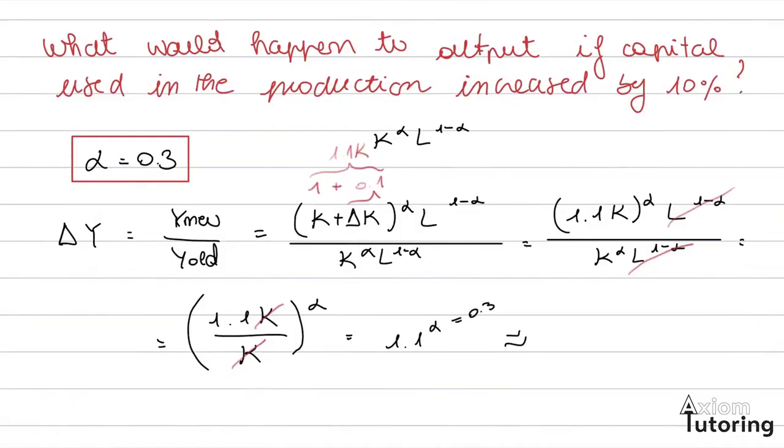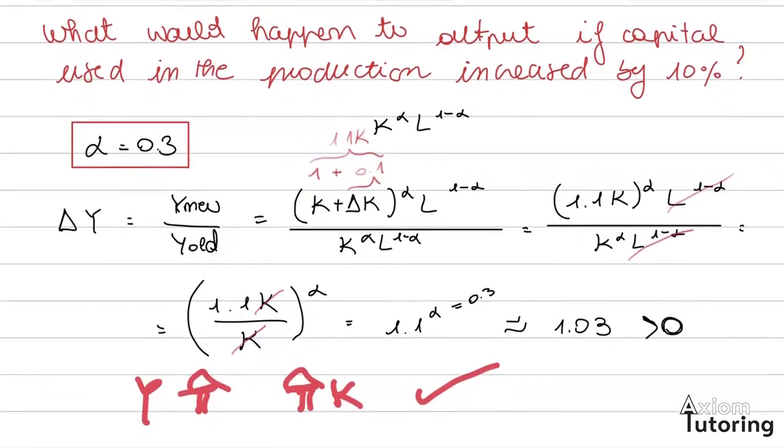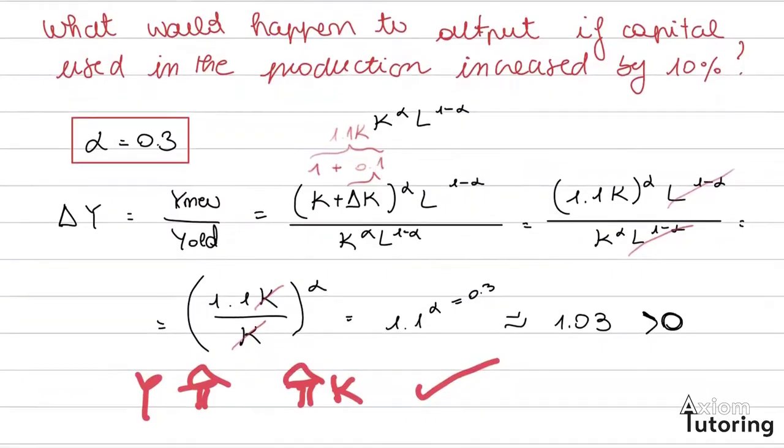And we're going to get something like 1.03, which is greater than 1, which means that the numerator of our fraction is going to be greater than the denominator, meaning that output actually increased following an increase in capital. And it makes sense. Our marginal product of capital is proved to be positive.